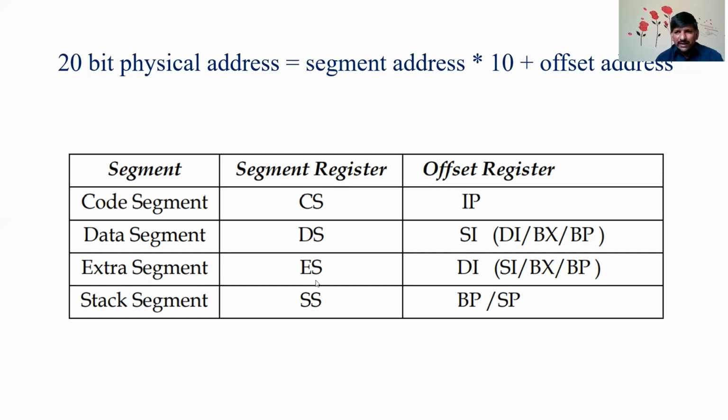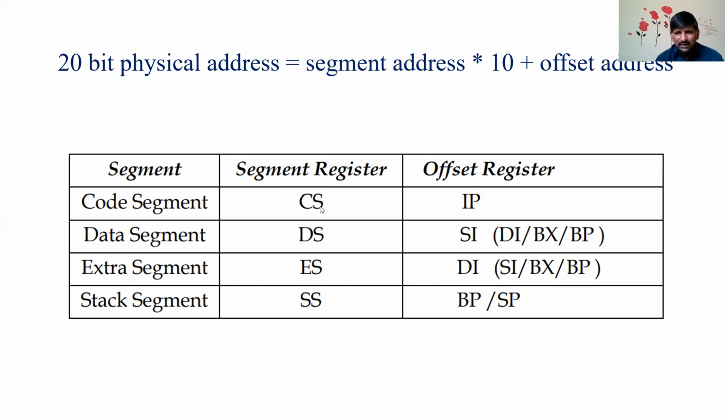Similarly, if you want to access the extra segment, its address is available in the extra segment register, and the corresponding offset is available in destination index, source index, BX, base pointer. If you want to access stack information, its segment address is available in the stack segment register, and the offset address is available in the base pointer and stack pointer.